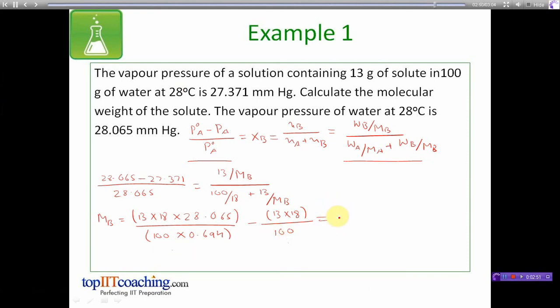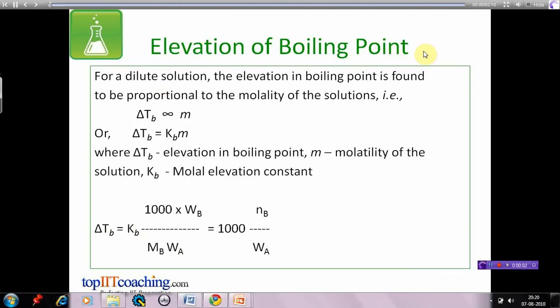On solving these quantities, we get 94.6 minus 2.34, which is equal to 92.3 grams. This is our final answer.